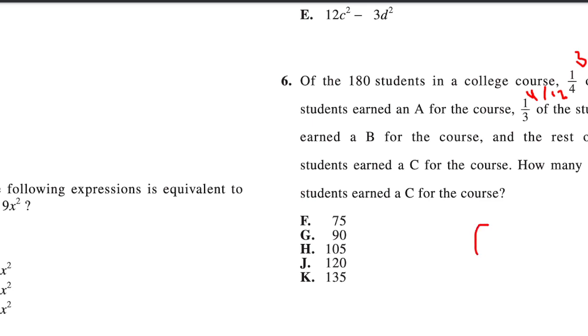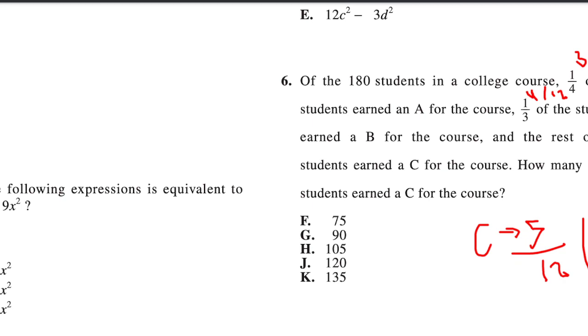So the people who got a C, how many people got a C? That's 5/12 of the number of students, right? And then it's 5/12 out of the total number of students, 180. You need a calculator if you need help doing that. It's horrible, y'all. So 180. There we go. That's better.